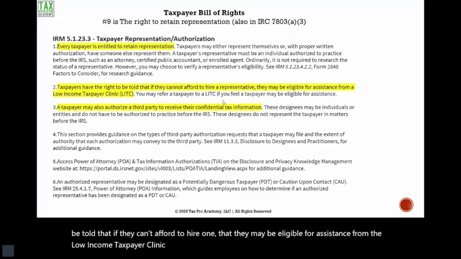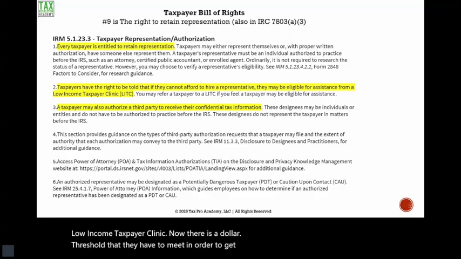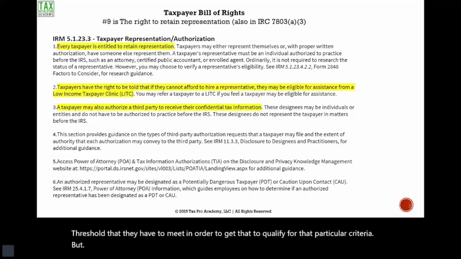Now, there is a dollar income threshold that they have to meet in order to qualify for that. That's usually law firms who support the low income taxpayer clinic, or students of a law school.